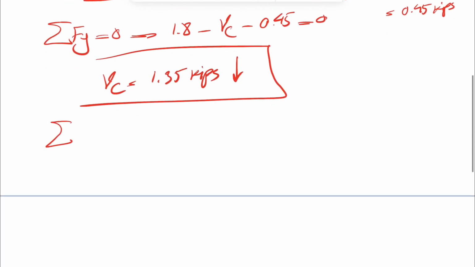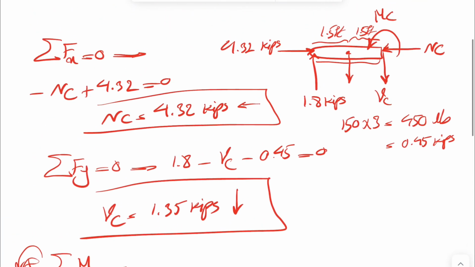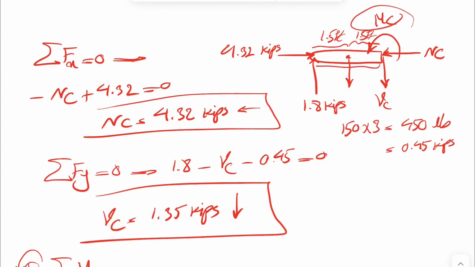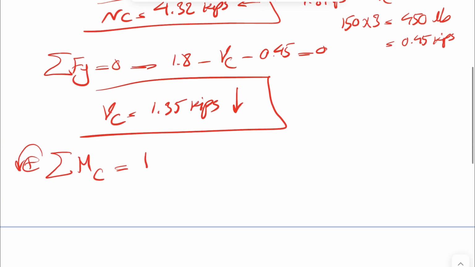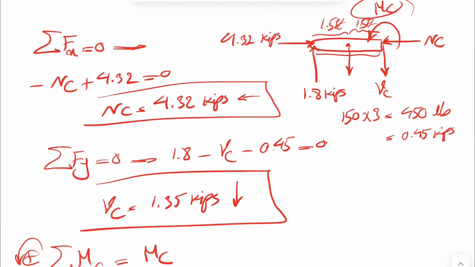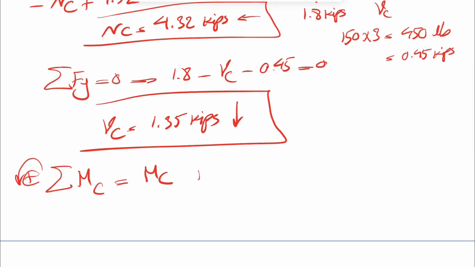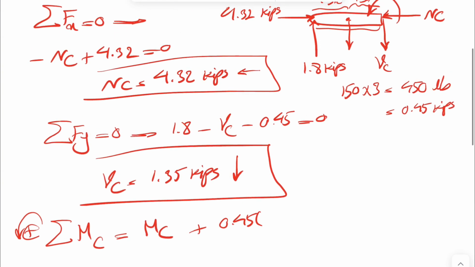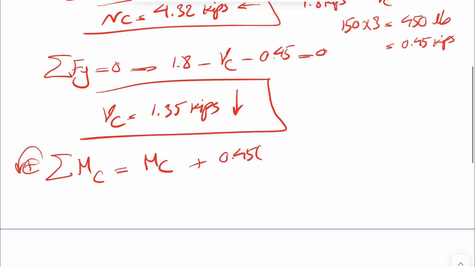And the last one is the bending moment. We're going to do the moment about point C, counterclockwise positive. We assume a counterclockwise bending moment, our MC. So we have MC, and the moment of the distributed load, which is in this direction, also counterclockwise, so plus 0.45, and the vertical distance to point C would be 1.5.